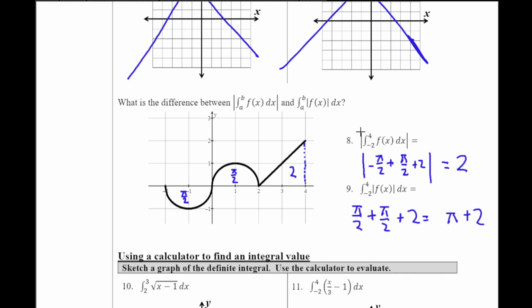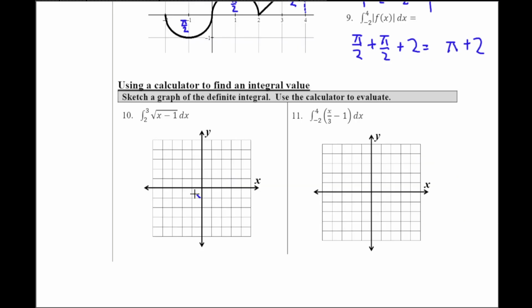So keep in mind, if the absolute value is on the outside, you find the area underneath the curve as normal, and whatever answer you get, just make it positive if it isn't already. If the absolute value is inside the integral, even if any region is below the x-axis, you just make that positive and then add them all up.